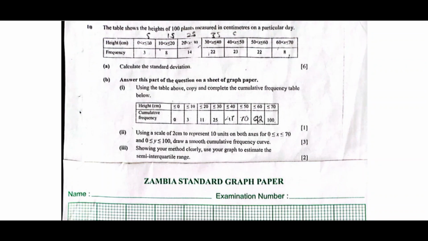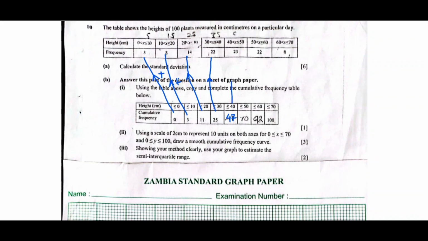So what you do is you need to add. You say 0 plus 3, you get 3. 3 plus 8, you get 11. 11 plus 14, you get 25. 25 plus 22, you get 47 here.